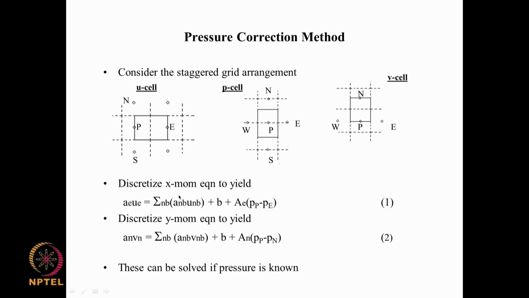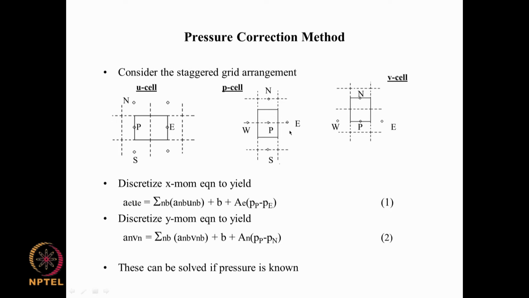Since we are writing the x momentum equation for this grid, UE is here, and then the 4 neighbors will be U at this point, U at this point, U at this point, and U at this point. Those are the 4 neighboring U velocity components that are coming here.